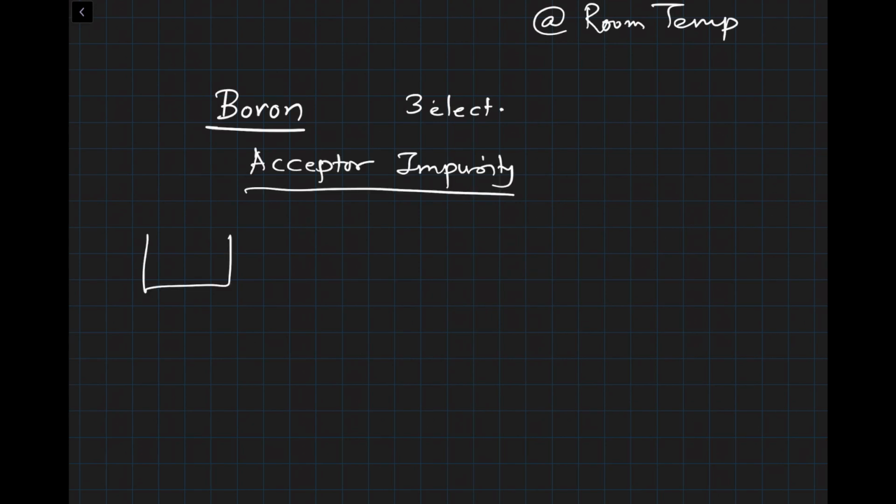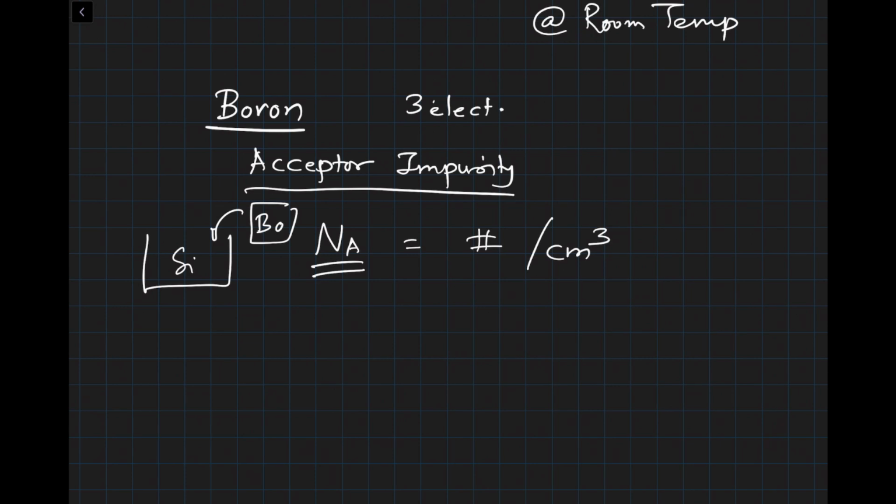I'm kind of visualizing it for you. You take silicon and you put some boron into it, and the concentration of boron in this silicon is given by Na, which is some number per cm cubed. All right. Since it's an acceptor impurity, the concentration Na is pretty much equal to the holes in the semiconductor.